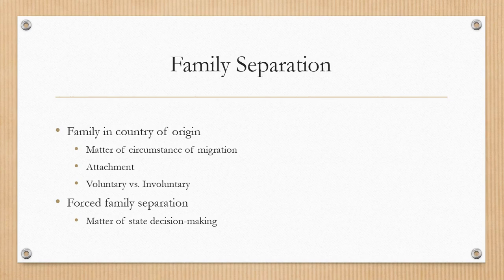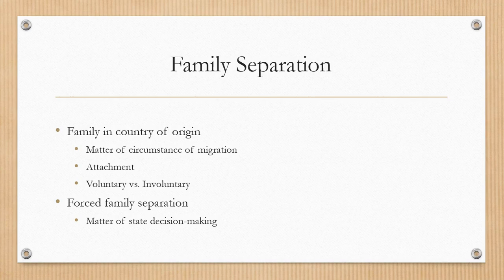There is a natural byproduct, so to speak, of migration, where oftentimes some family members are left behind in pursuit of the destination country. This is more a matter of circumstance of migration, right? For child welfare considerations and family functioning considerations, we need to look at the attachment impacts of that. We need to look at the clinical effects of families in countries of origin, about being separated from family members.